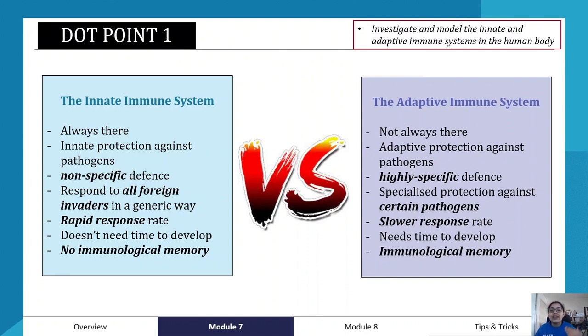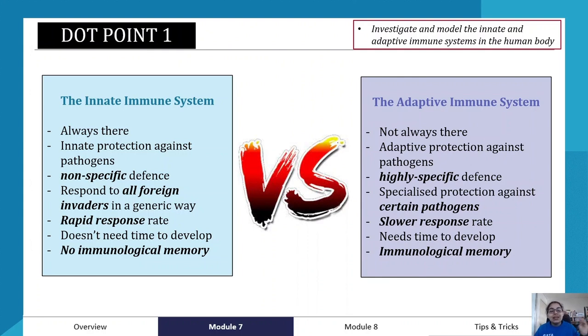It's going to react in the same generic way to all of them. The response rate is pretty fast. Again, if you step on something really sharp in the park, a branch or a stick, the response is going to be very, very fast. It doesn't need time to develop, and there's no immunological memory.